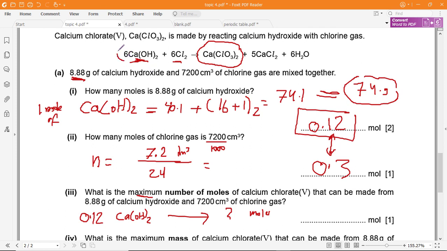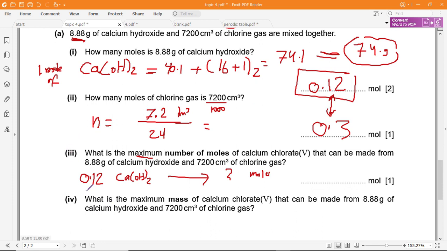This is 6. It produces only 1 mole of calcium chlorate, as you see. So according to the equation, every 6 moles of calcium hydroxide produce 1 mole of calcium chlorate. Okay, so we need to calculate this value.